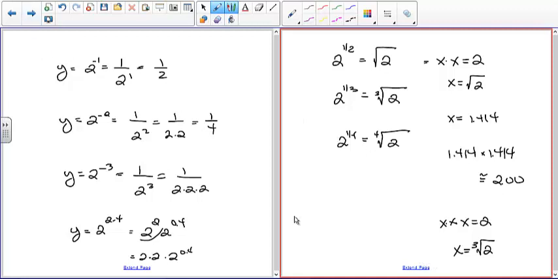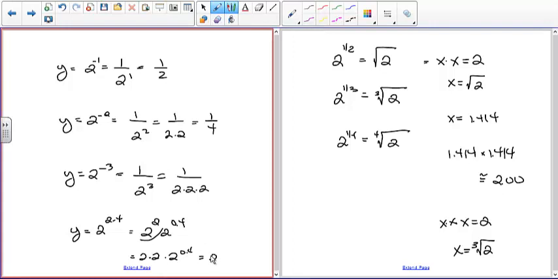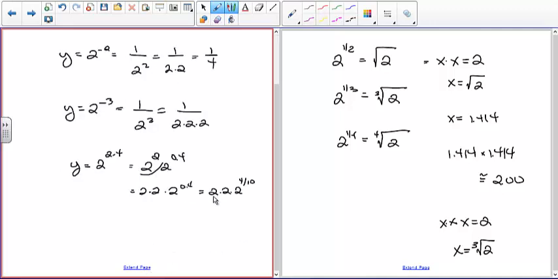So going back to this question, you can rewrite 2 to the 0.4 power as 2 to the 4/10 power. So this is a fractional exponent.